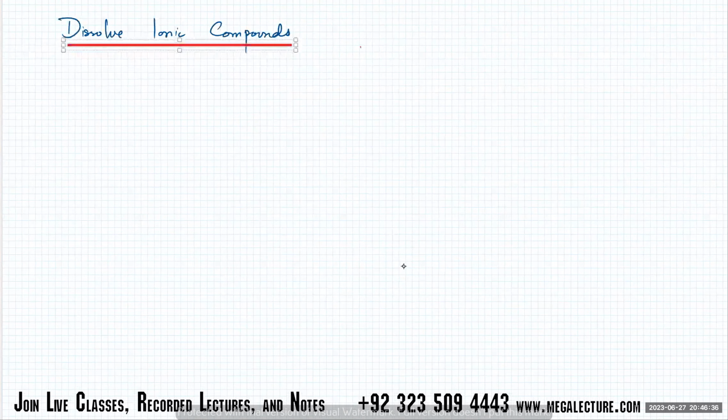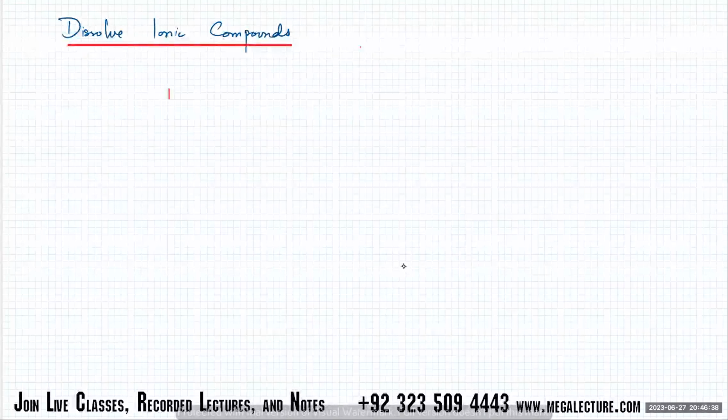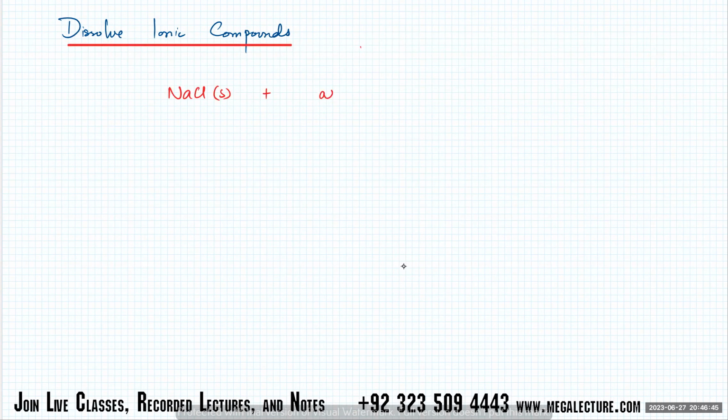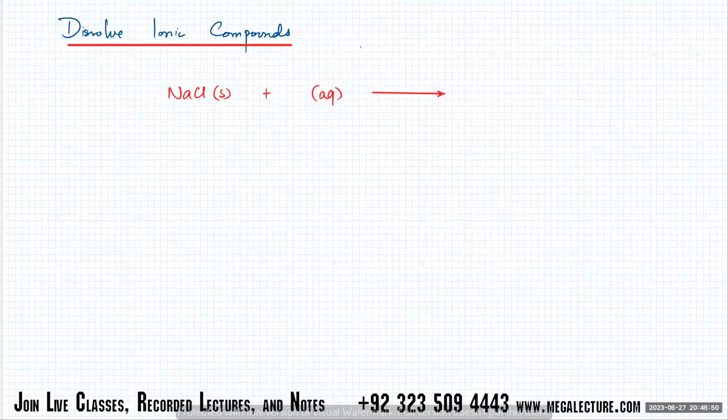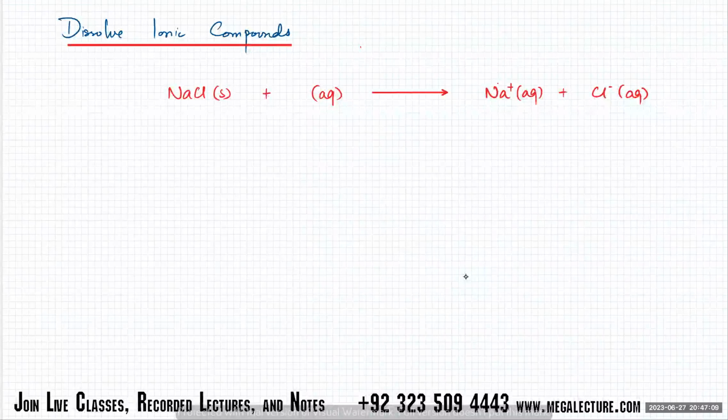That Hess cycle looks like this: if I have NaCl solid and I try to dissolve it in water, what is going to happen is that 1 mole of NaCl will dissolve and dissociate. Its ions are going to get completely scattered in water. Okay? So that's basically enthalpy change of solution.